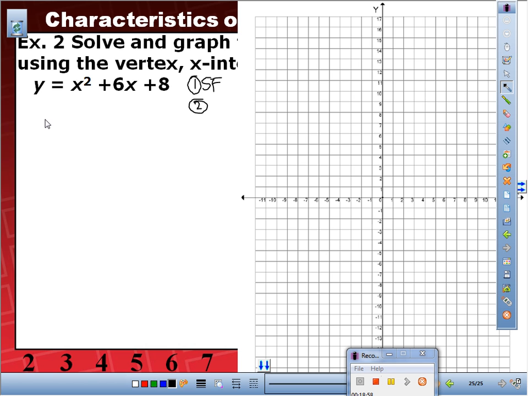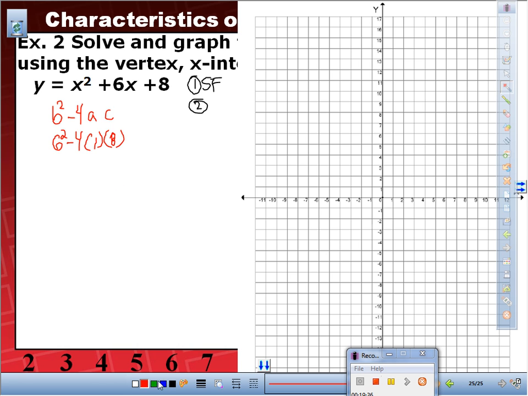Turn to your neighbor, let them know what you write there to find out the roots. I heard b squared minus 4ac, which is the discriminant, right? So let's see. Destiny, what do I write? 6 squared minus 4 times 1 and 8.